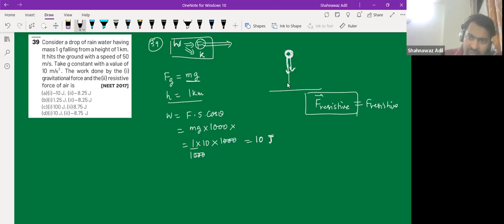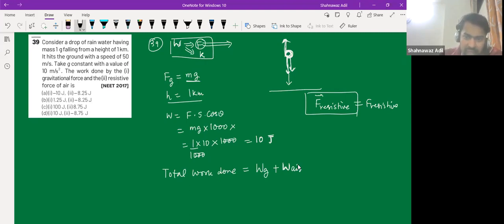One is the gravitational force, and the other force is the air resistance, which acts in the opposite direction. So the total work done for this drop to fall down would be the work done due to gravitational force plus the work done due to the air resistance. Clear?